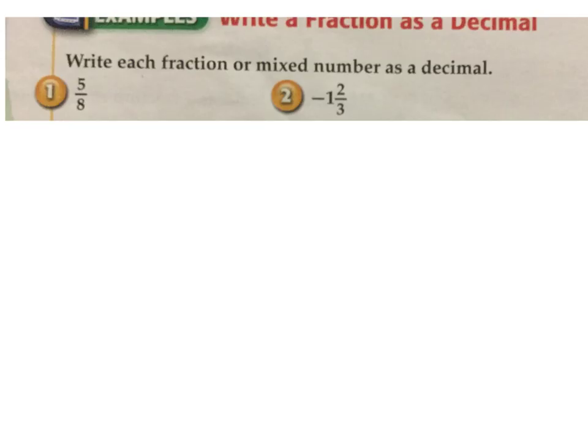Okay, so here we've got a couple of fractions and mixed numbers that we're going to have to write as decimals. So they are currently fractions. We want to write them as decimals. I'm going to come around and help you do it on your calculator if you have one. I'll show you how to do it for each kind.